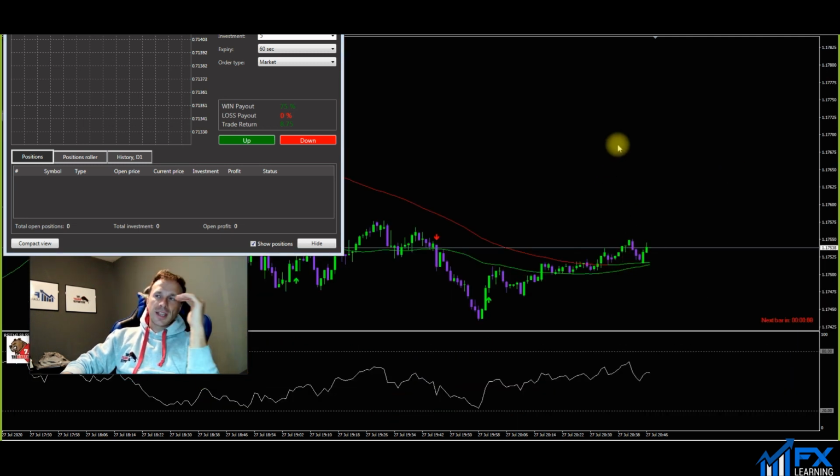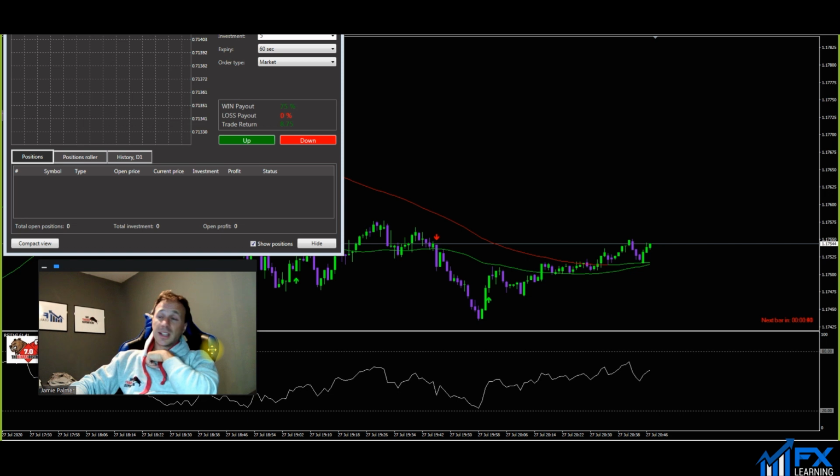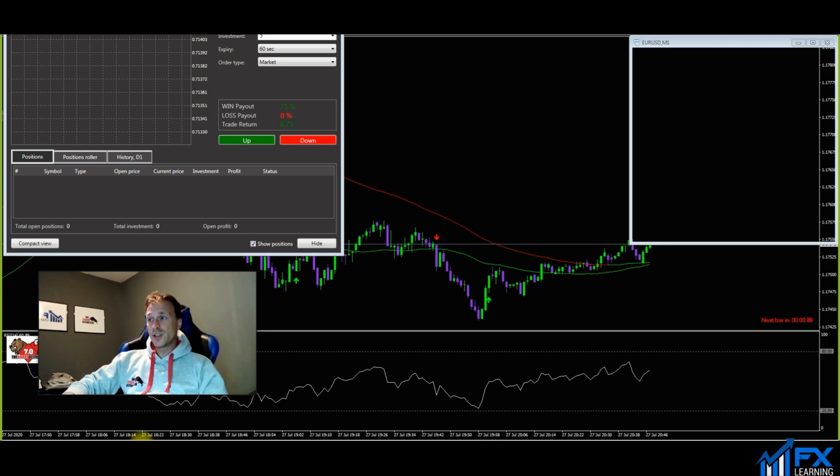So obviously, when you get a sell signal on USDCHF, you know you're going to get a buy signal on EURUSD. So I use these to kind of maximize my trades, especially with these two currency pairs. I use this quite a lot. When I get a sell on USDCHF, I'll take a buy on EURUSD and vice versa.